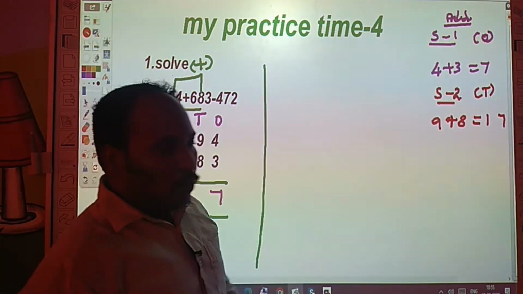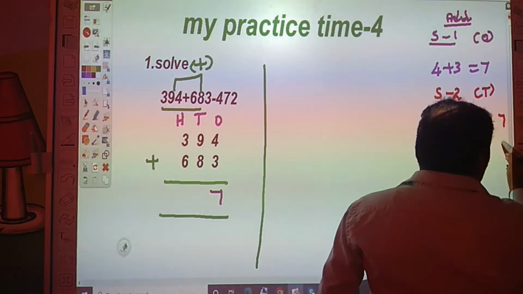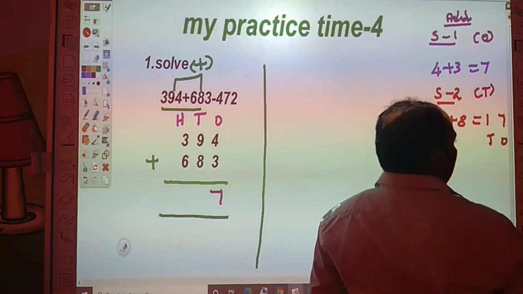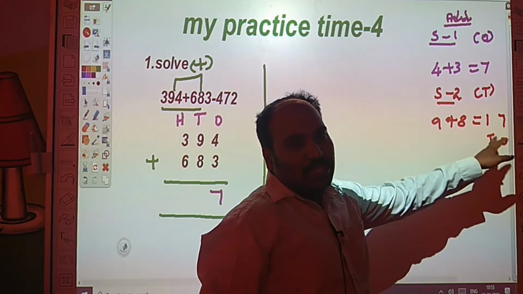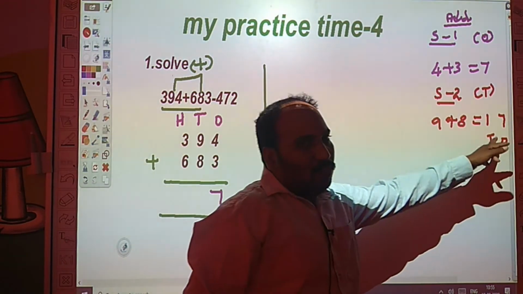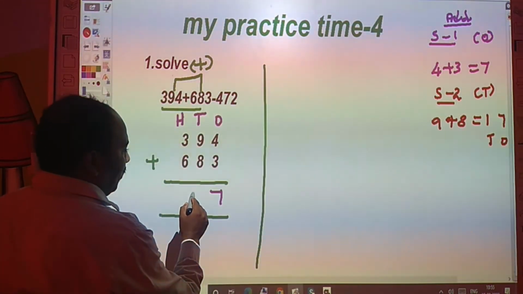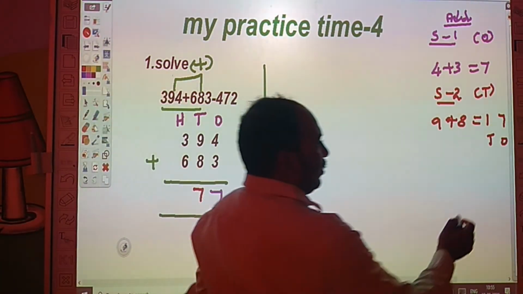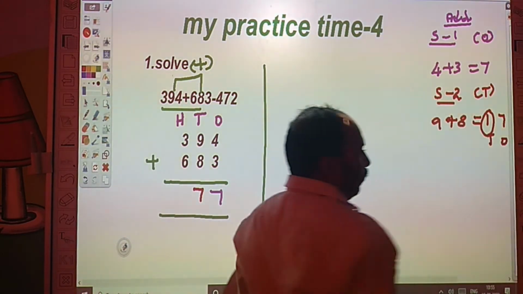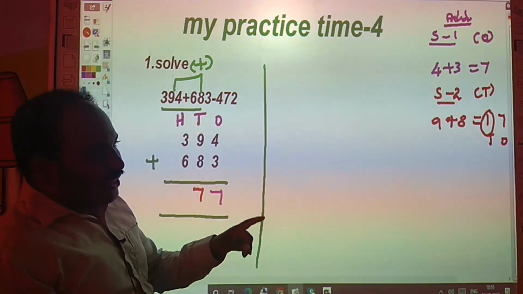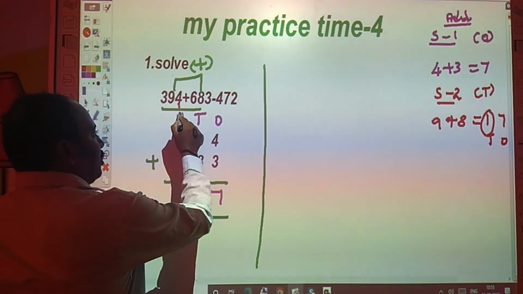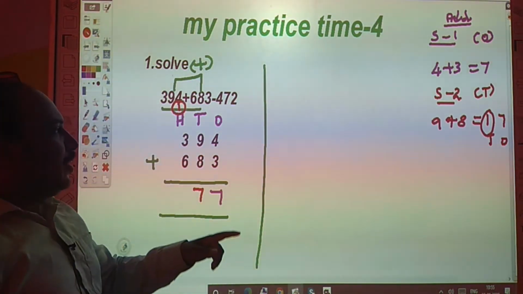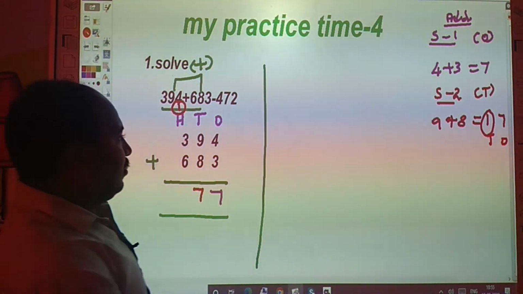It is a 2-digit number, ones and tens. 7 ones, 1 tens. Write 7 in the tens place, and the remaining 1 ten is carried over to the hundreds place.